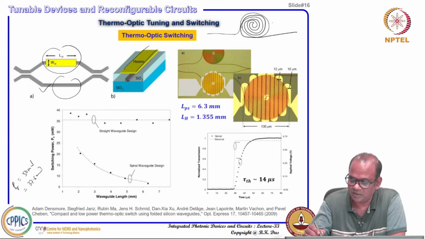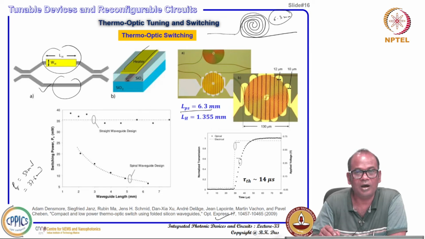In this paper, in 2009, they created a spiral waveguide with a phase shifter length of about 6.3 millimeter, with oxide on top, and an identical arm length. This is also spiral, and then oxide is deposited.